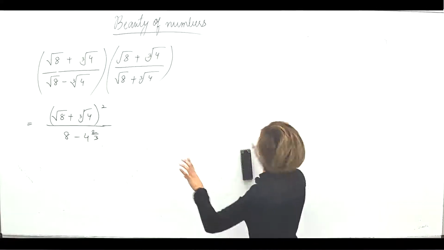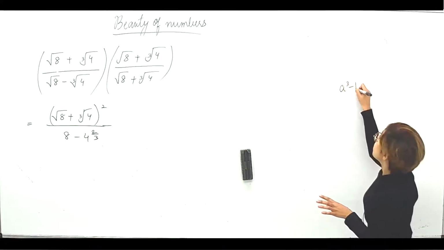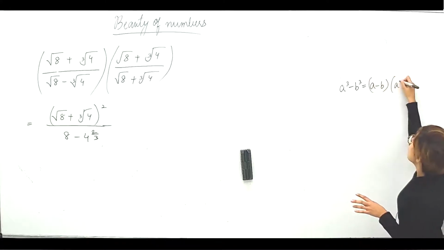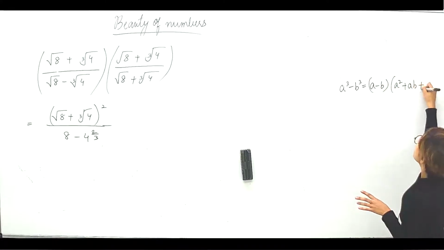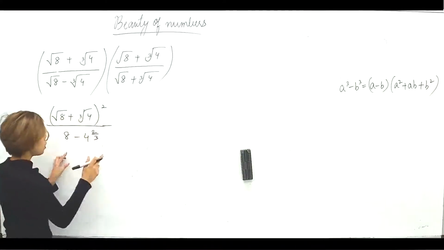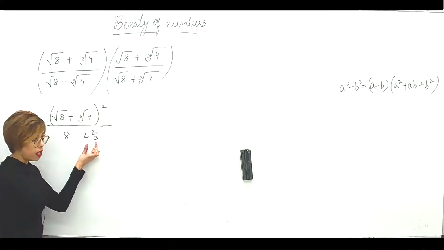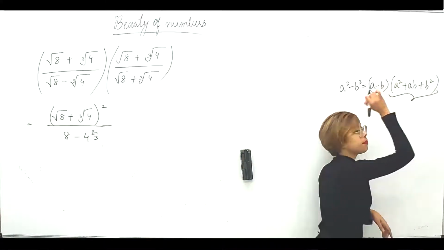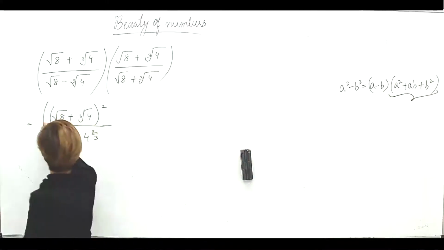That means ये b cube बनना चाहिए. So again, a cube minus b cube we can use, which is nothing but a minus b into a square plus ab plus b square. Now I want to create a cube minus b cube. अब मेरे पास a minus b तो already है. That means my rationalizing factor is this one. Right? So multiply by.